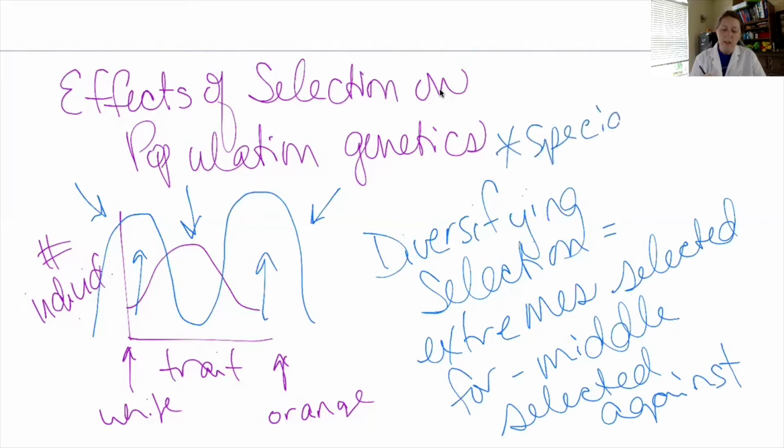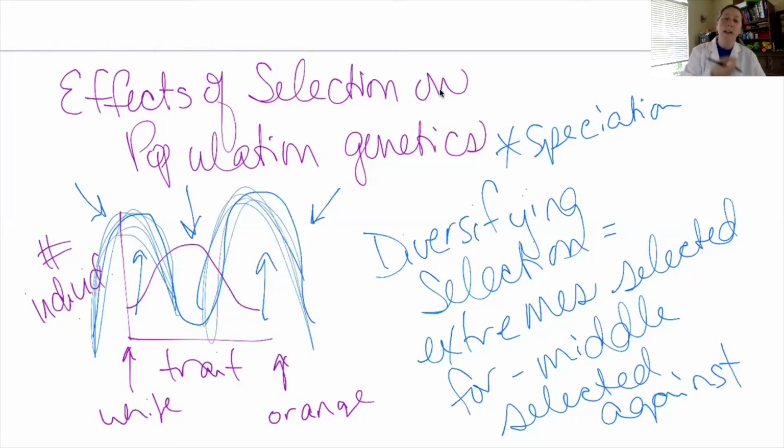If these two continue to be on their own, the white side and the orange side, and maybe something happens so that they don't want to interbreed, like only orange want to breed with orange and only white with white, that isolation will further separate this one population into two distinct populations. This is how you can actually get a new species thanks to natural selection.